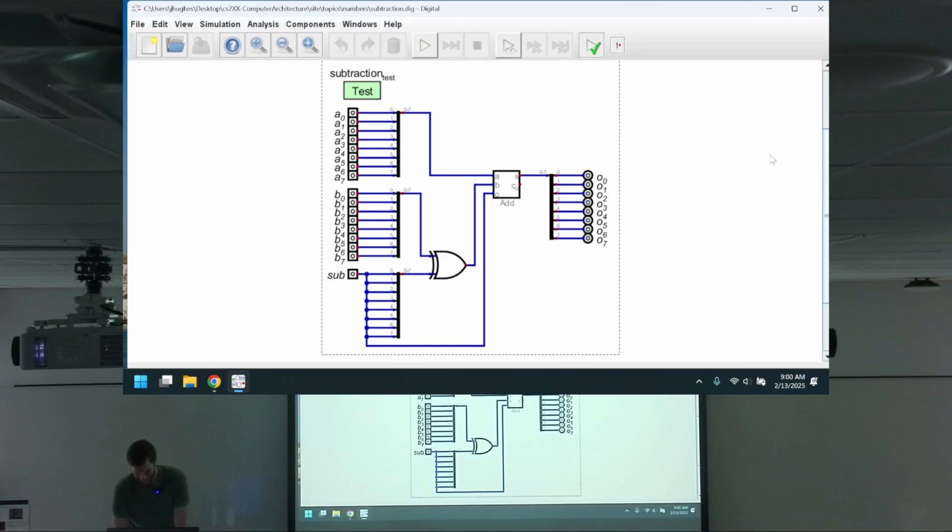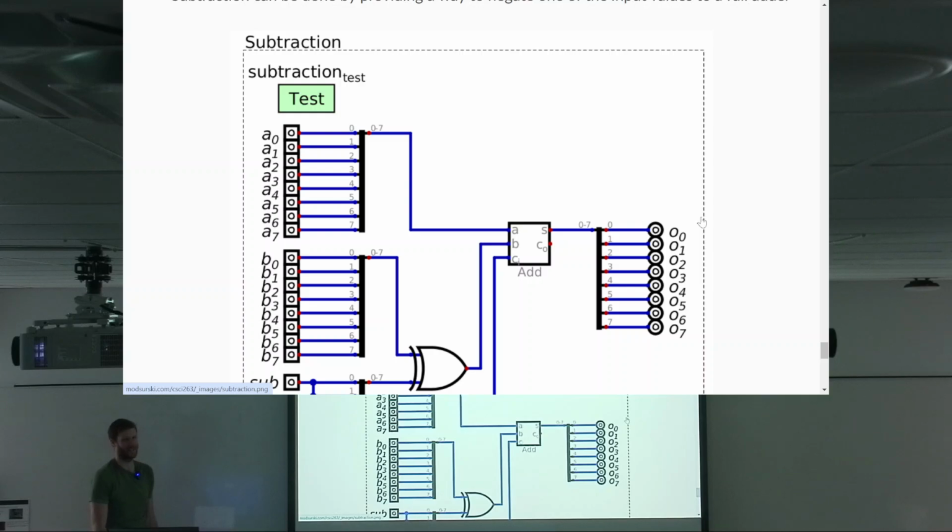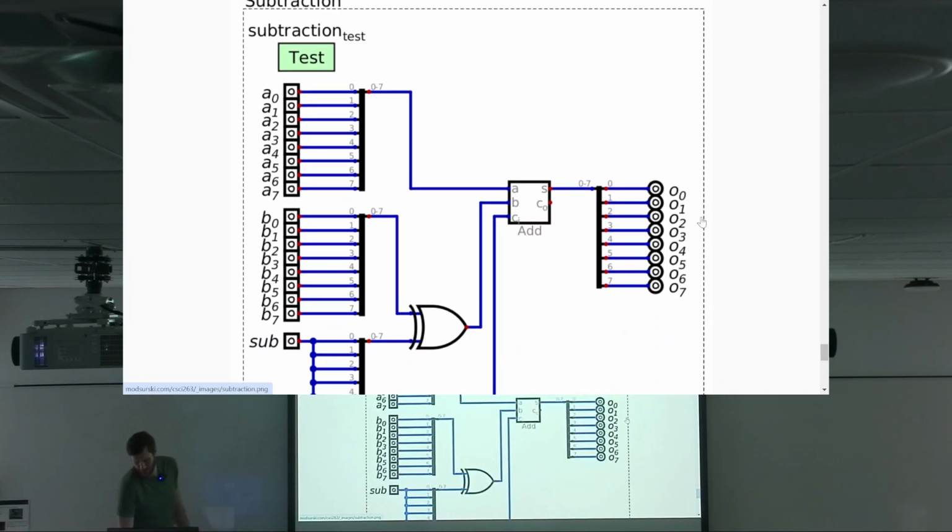Perfect. All right, cool. So there is our adder that can now do subtraction, which is awesome. You might think, okay, if I can do addition, there's always this hardware software thing.